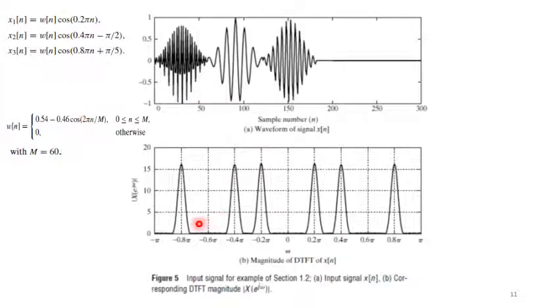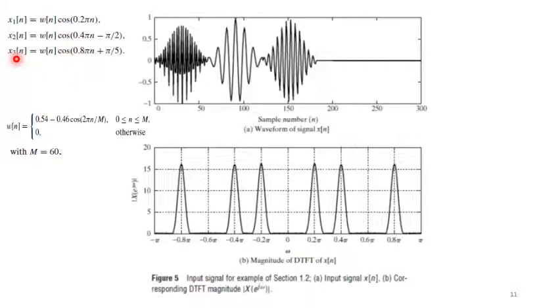The bottom figure shows the Fourier transform, that is, the magnitude response of x[n], and we can see significant energies centered and concentrated around plus or minus 0.8, plus or minus 0.4, and plus or minus 0.2 pi.